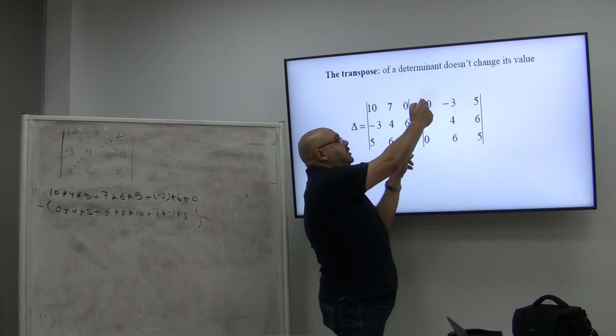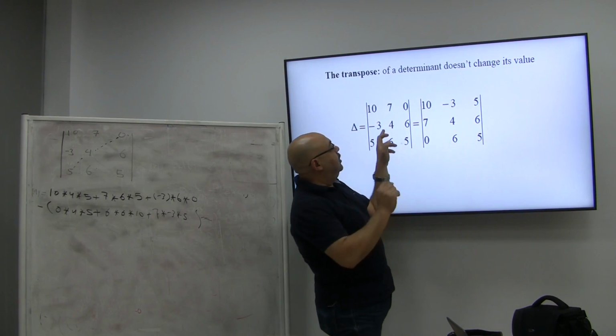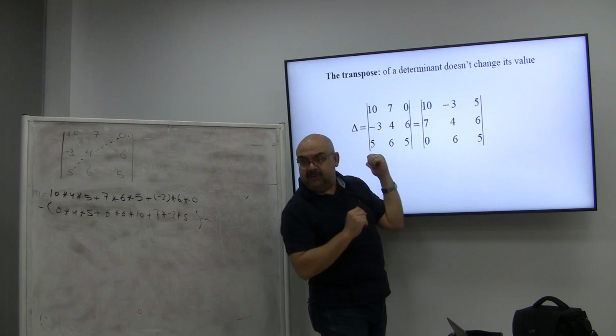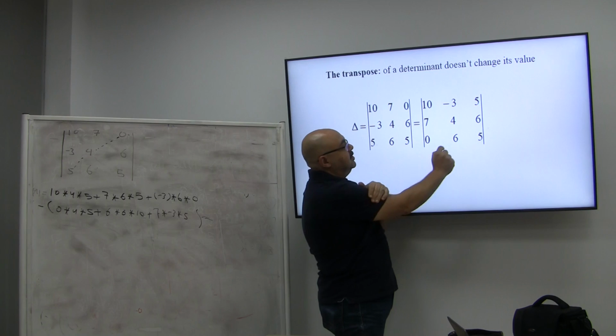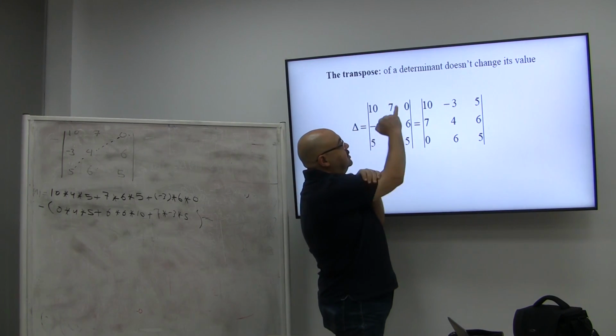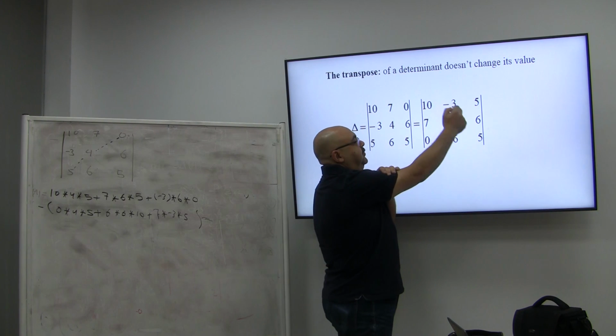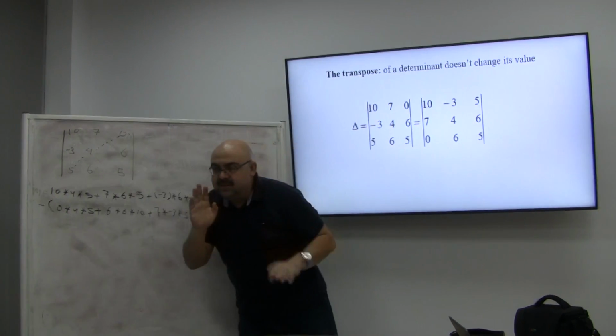For the other one 10 times 4 times 5. It's exactly the same. Look, for the upper and the lower vertex, it's gonna be 7 times 6 times 5. Okay? بص كده 7 times 6 times 5. Negative 3 times 6 times 0. Exactly the same. Negative 3 times 6 times 0. So the transpose will give the same result.